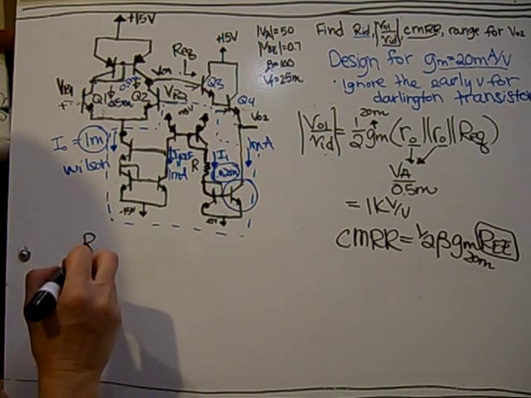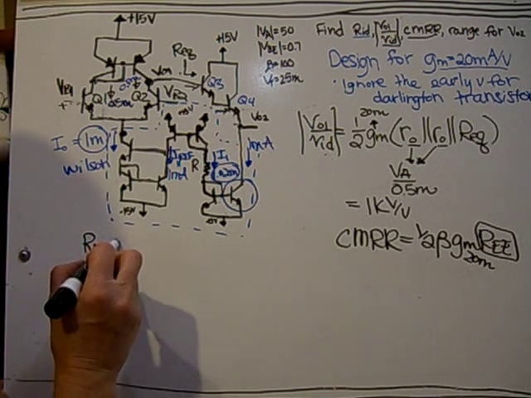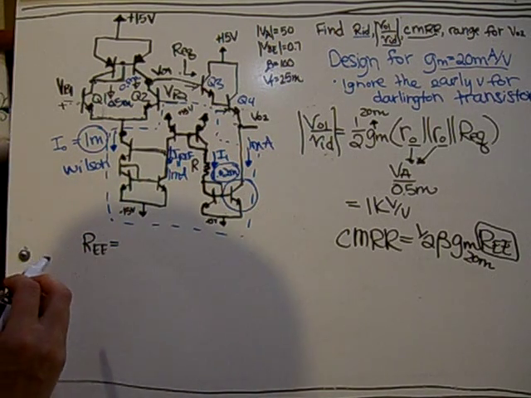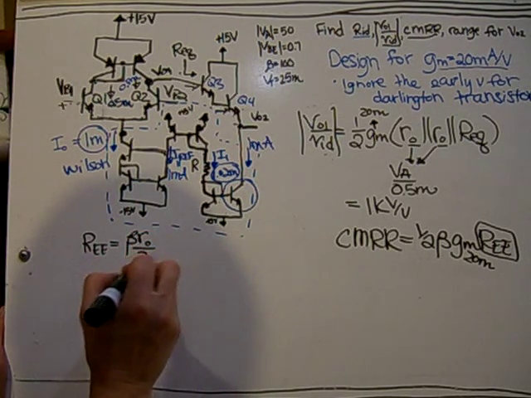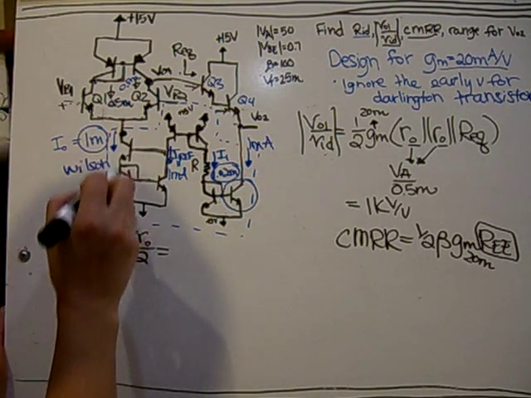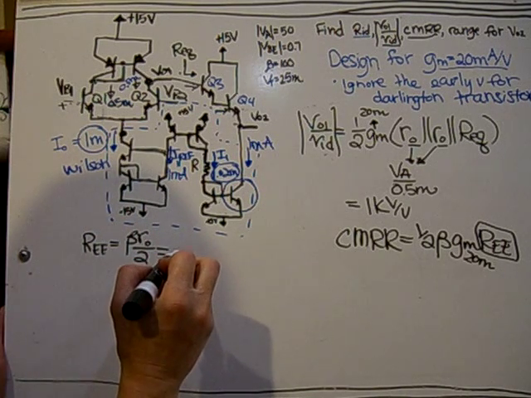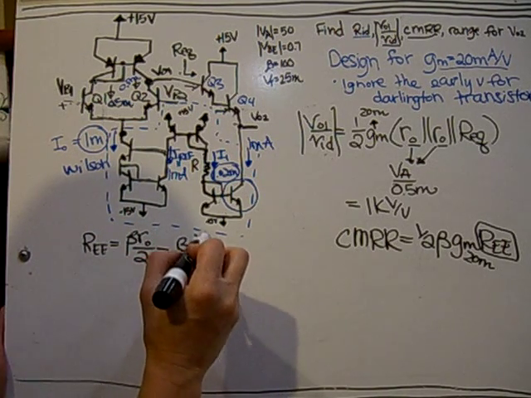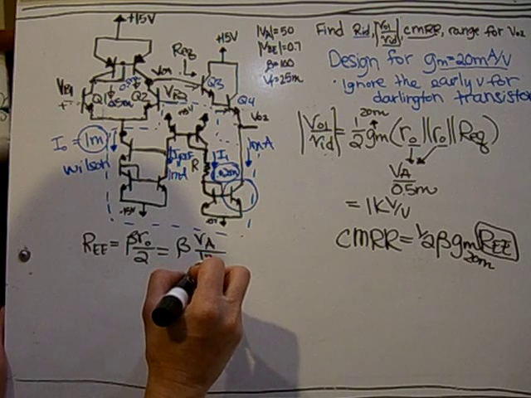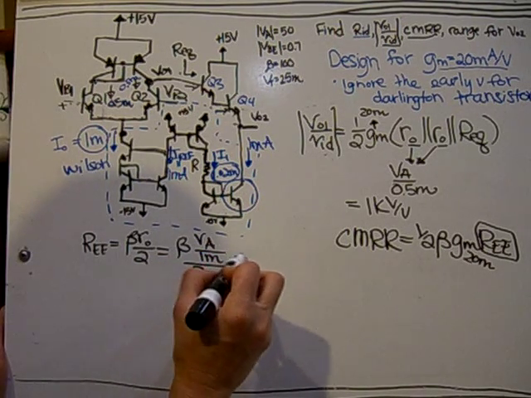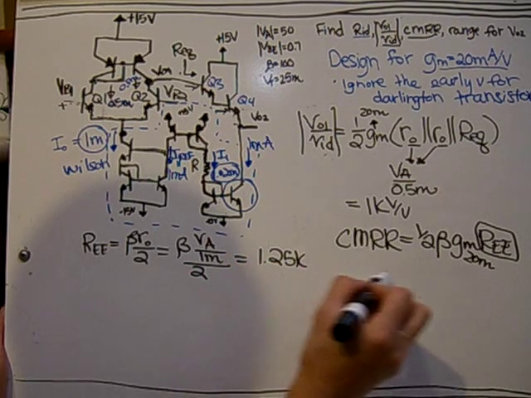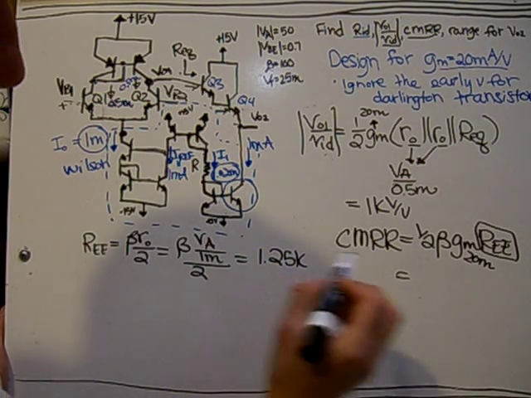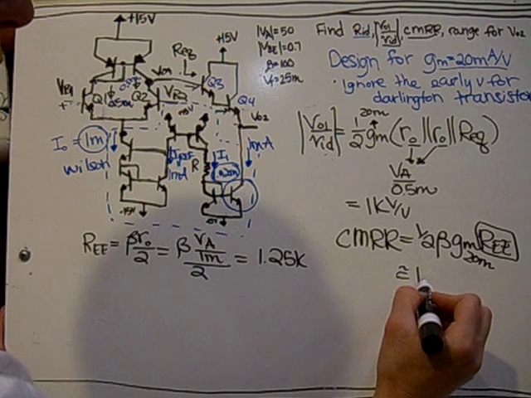So that's going to be the output resistance of the Wilson mirror, which is beta RO over 2. And RO again is the RO for this, which has a current flow of 1 milli. So it's over 1 milli divided by 2, which is 1.25 K. And that gives a CMRR of approximately 1.25 K.